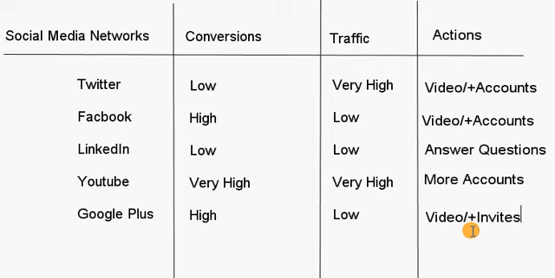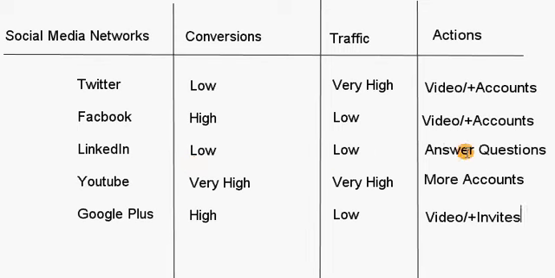All right, now with that said, let's recap. Twitter, great for pay per click. If you're using an AdSense website, it's great because you have that high traffic. Facebook, it's good, your conversions are high if you are the type of person that is trusted, people like you.